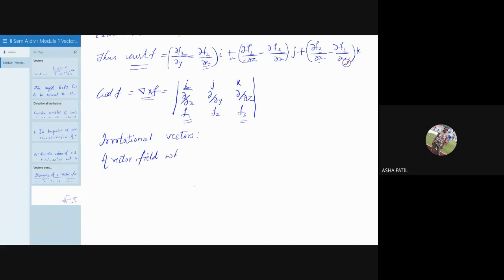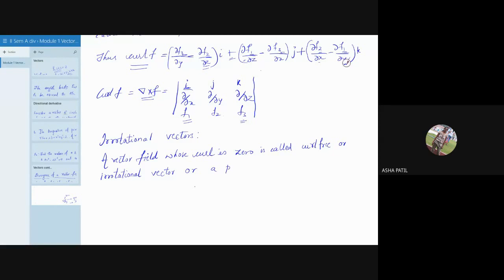A vector field whose curl is 0 is called curl free or irrotational vector, or it's also called a potential field.